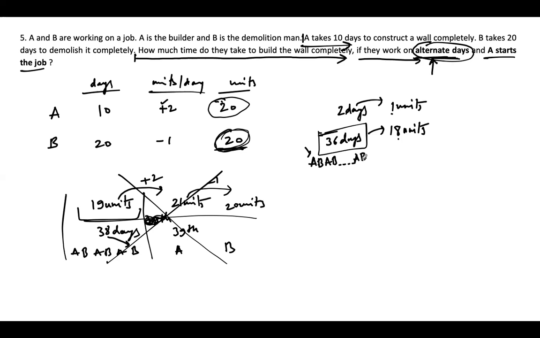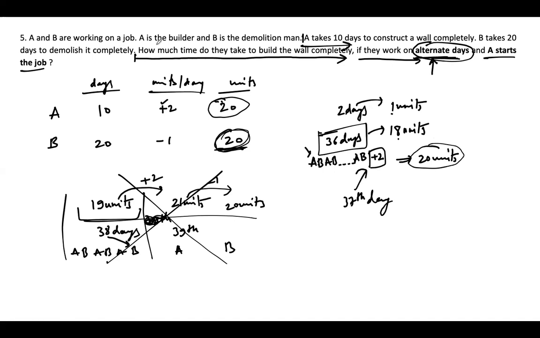B. Now, on the 37th day, who is working? A. And how much will A do? 2 units. So 18 plus 2 comes out to be 20 units. Now the work is done.